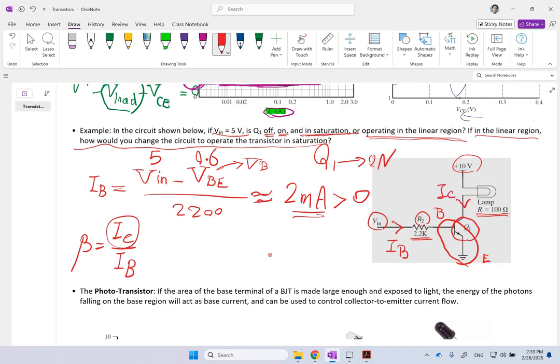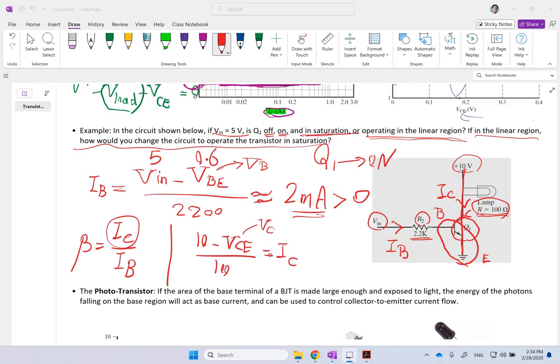In order to find it, we have to go through this path. So in that path, we have 10 volts minus V of CE, which is the same as V of C, because again, E is 0. If I divide that by this resistance of 100 ohms, that is equal to IC.